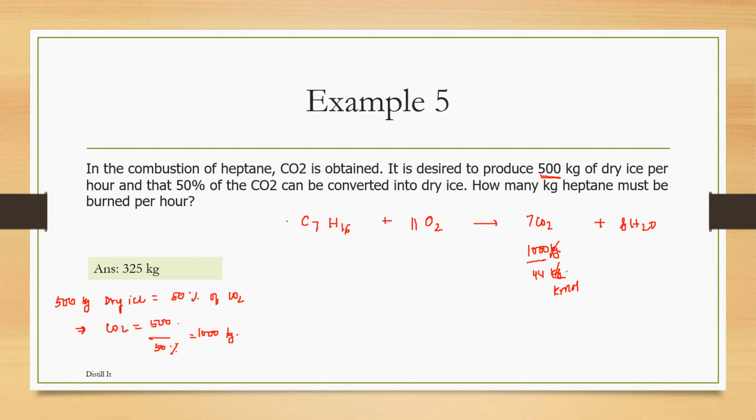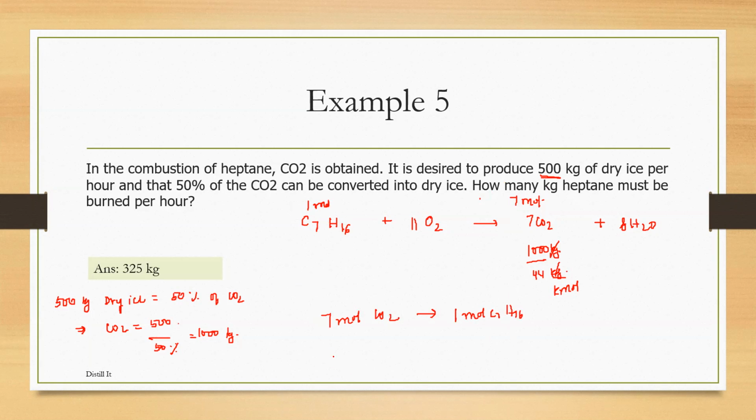So now by stoichiometry, we can say since 1 mole of heptane produces 7 moles of carbon dioxide, that implies 1 mole of carbon dioxide is going to be produced by 1 by 7 mole of heptane, right? 7 moles of carbon dioxide are produced by 1 mole of heptane.